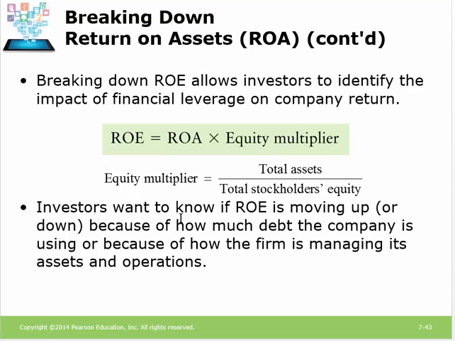Taking this analysis one further, if you take return on assets and multiply by what's referred to as an equity multiplier, you would take net income divided by total assets, multiply that by total assets divided by stockholder equity, and you end up with net income divided by equity.